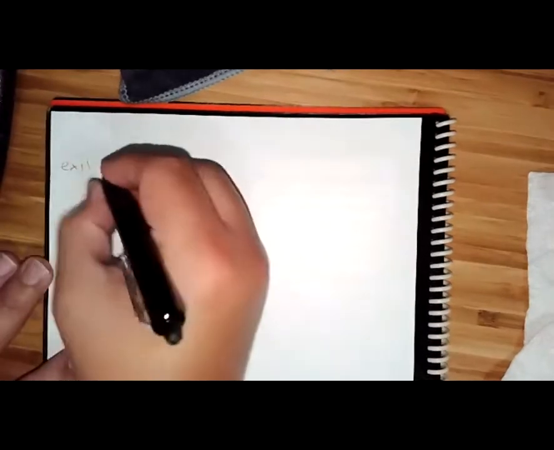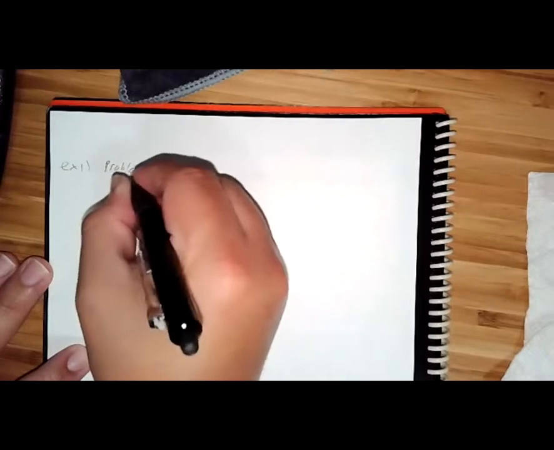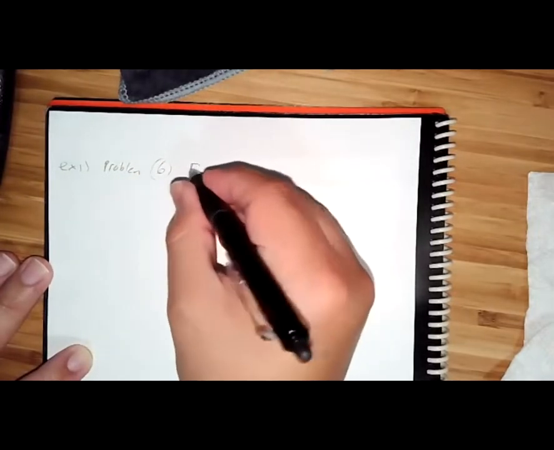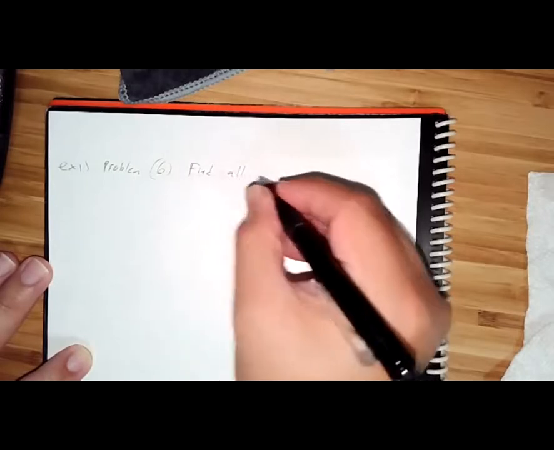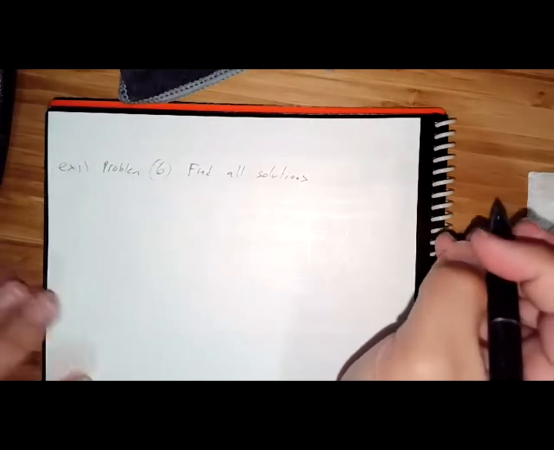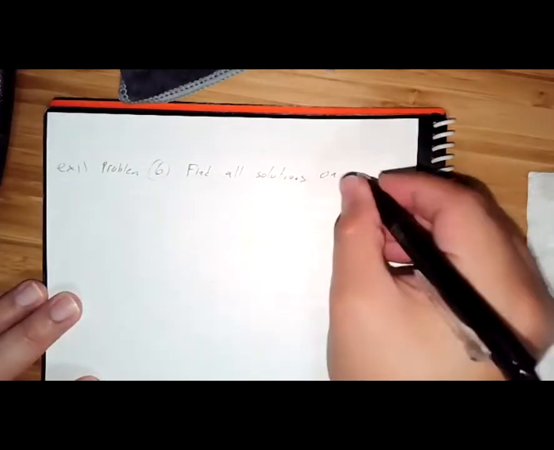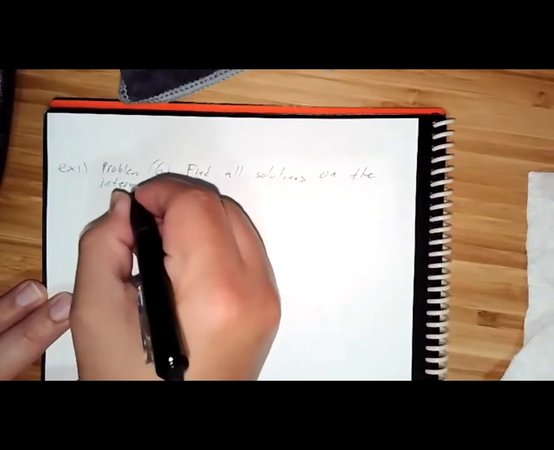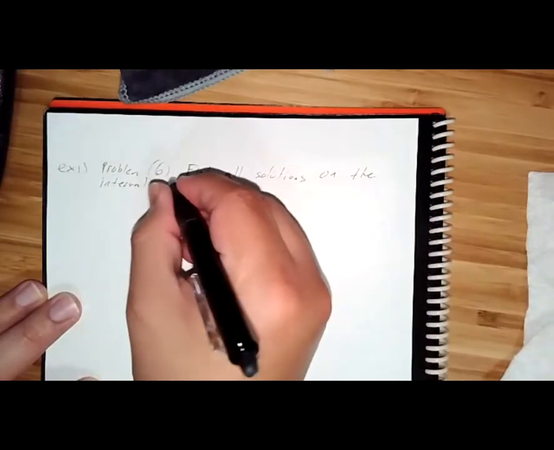So first equation, this is example 1. Problem 6 in your homework. It says find all solutions on the interval 0 to 2 pi.